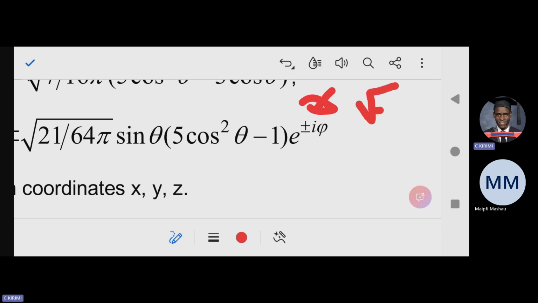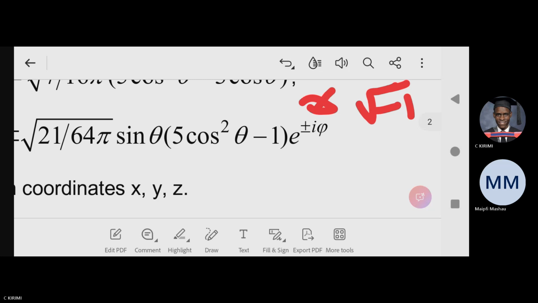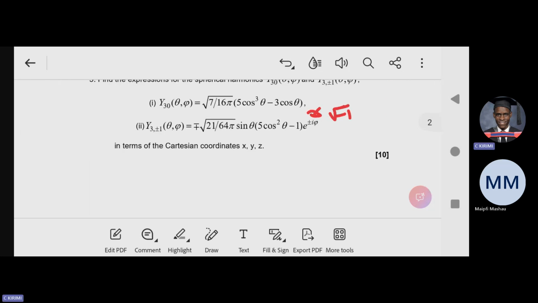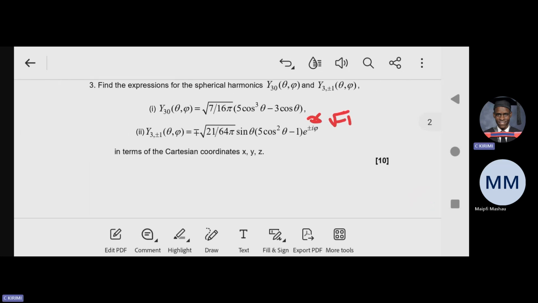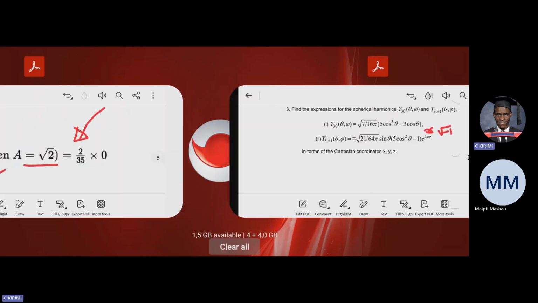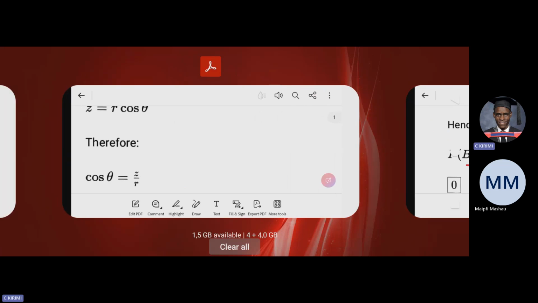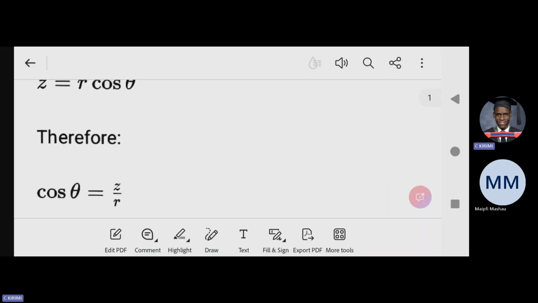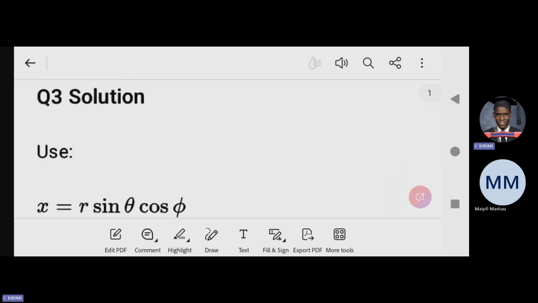You are not working in real numbers like in question number 3.1, where everything is real, but for question 2, it's complex. All right, so this is how you approach question number 2.